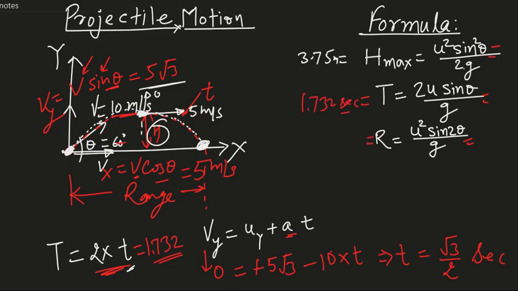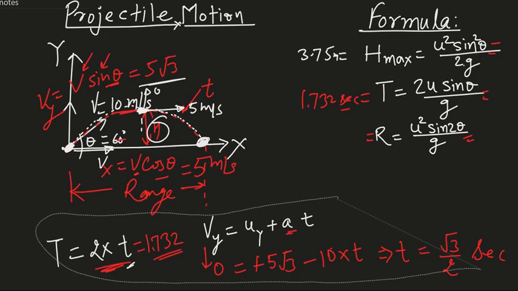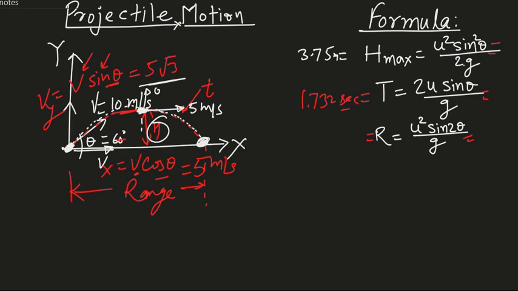Now calculate the range. So clear all these things. Now to calculate the range, the range is simply the distance traveled by this particle in the x direction. So what is the velocity in x direction?